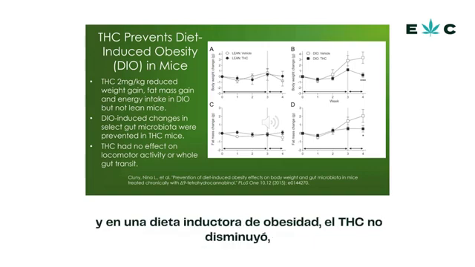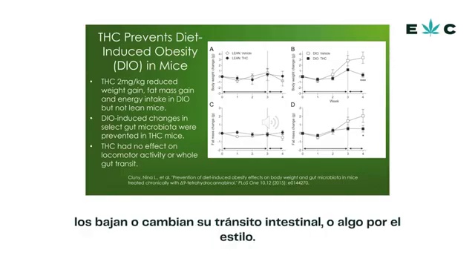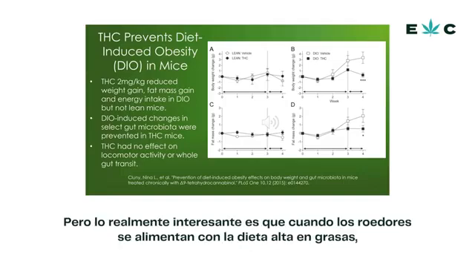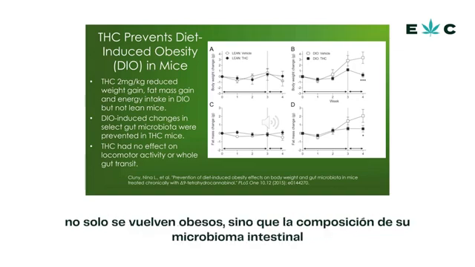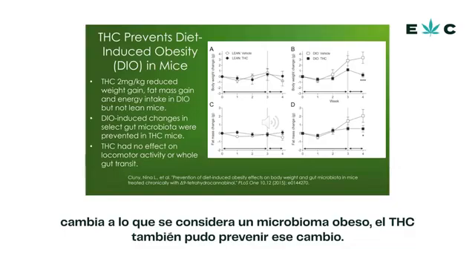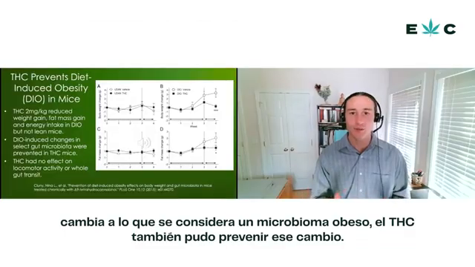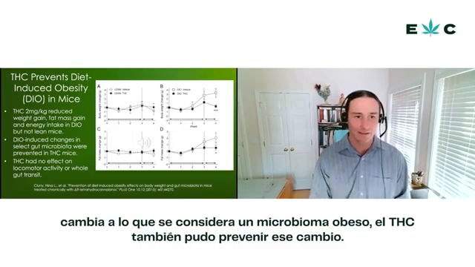In this study, THC didn't slow them down or change their gut transit or anything like that. But what was really interesting is that when rodents are fed the high-fat diet, not only do they become obese, but the composition of their gut microbiome changes to what's considered an obese microbiome. THC was also able to prevent that change.